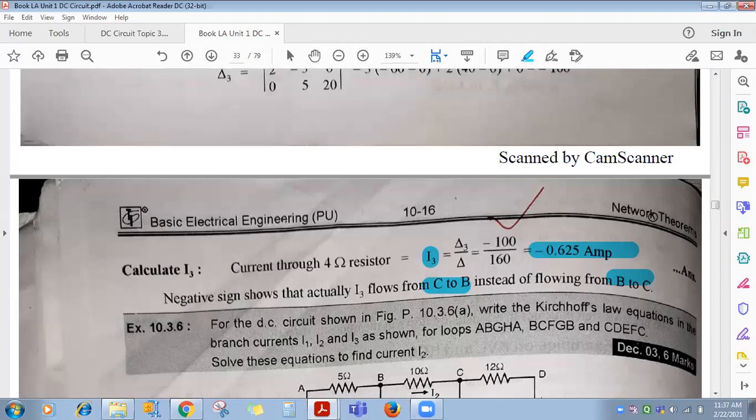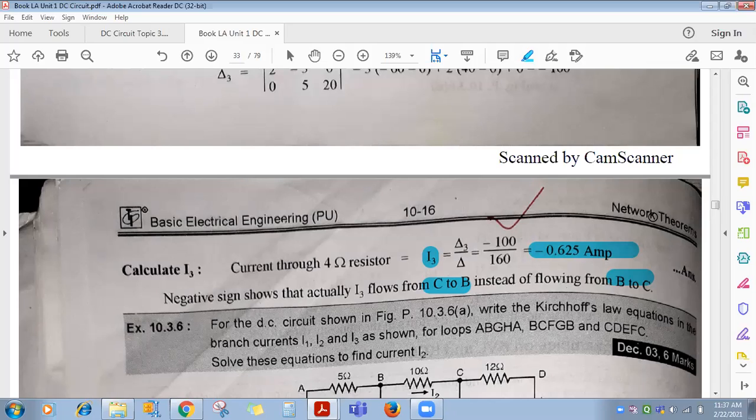The only thing is to represent the branch current direction and form the KVL equation correctly. These two things are important. Mark the branch current direction correctly, which means you are applying KCL correctly, and form the KVL equation, which means you have applied KVL. So Kirchhoff's current law, Kirchhoff's voltage law, and then you can use Cramer's rule, or directly use the calculator. Directly you will get the values of I1, I2, I3. So whatever you want, that direct answer you can write.